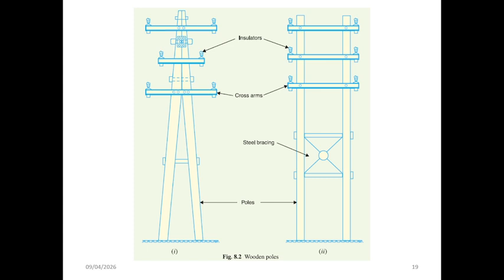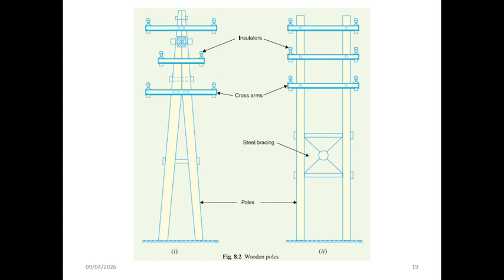Okay, this slide illustrates two common configurations of wooden utility poles used in power distribution systems. On the left, we see a single wooden pole structure, while on the right, a double pole arrangement reinforced with steel bracing is presented for added stability.